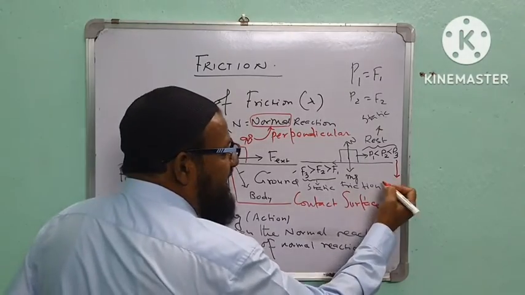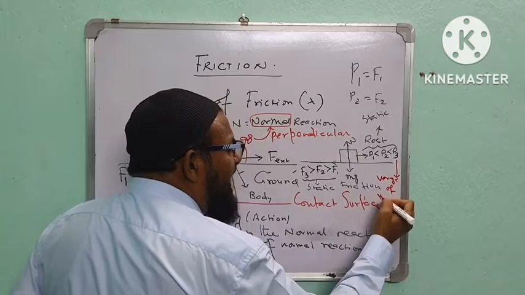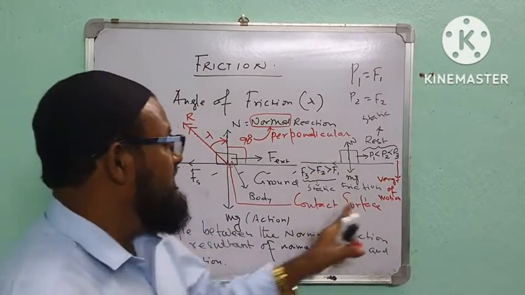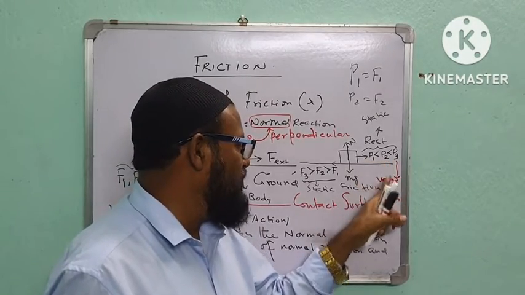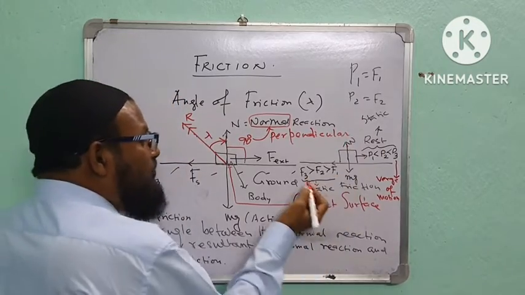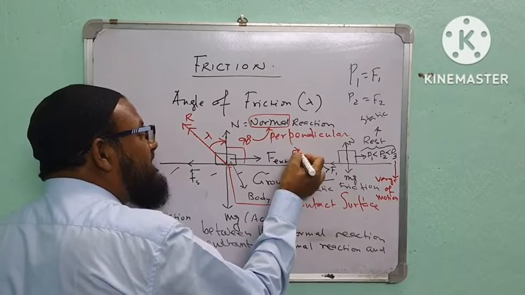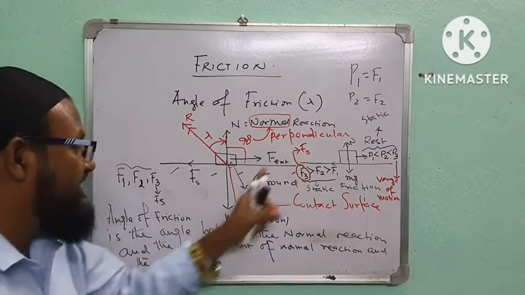Verge of motion is only in the case of P3, not in the case of P1 and P2. At that moment, this friction is denoted by Fs. This is known as limiting friction.